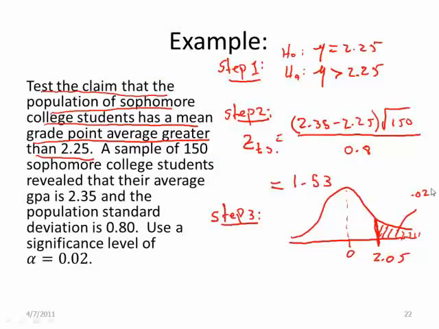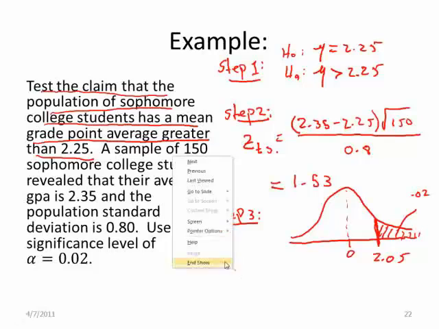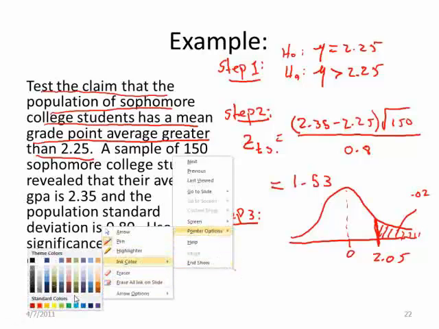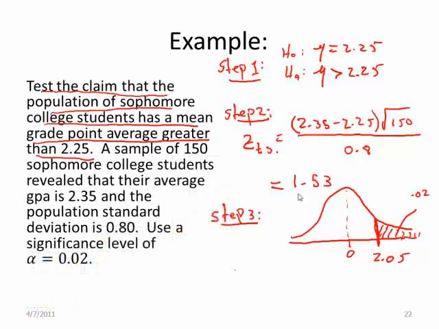Okay? Now we have to find out what region our test statistic falls in. Our test statistic is 1.53, so it's right here. Does our test statistic fall into the rejection region or the non-rejection region? The non-rejection region. So step 4, we will say we fail to reject.